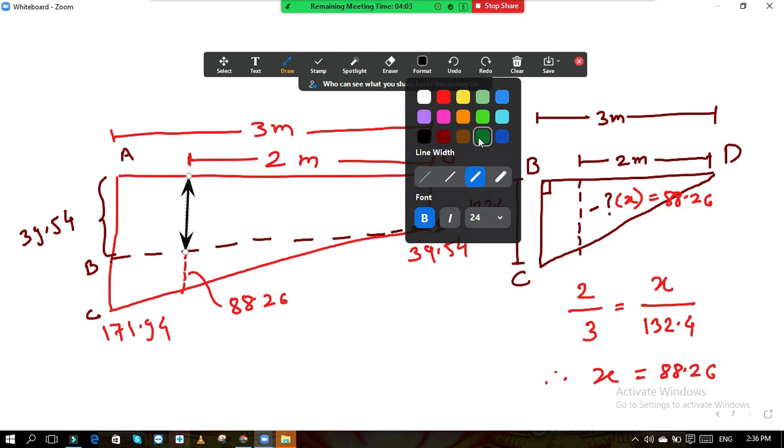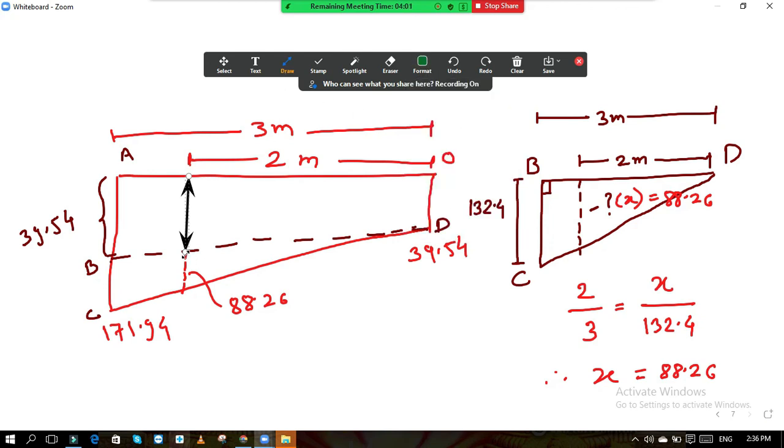And here this is 88.26. So this ordinate is already 39.54. So what is the total ordinate? Total ordinate, it is 39.54 plus 88.26.